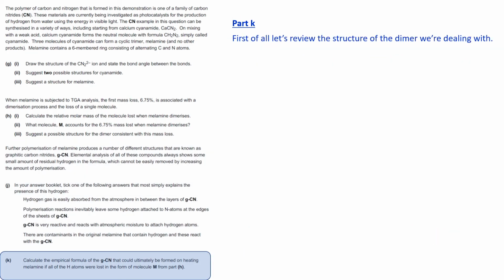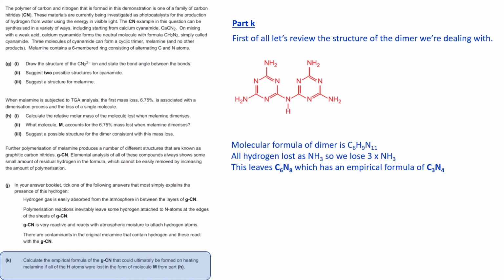Finally, let's review the structure of the dimer we're dealing with. It says calculate the empirical formula of the GCN that could ultimately be formed on heating melamine if all of the H atoms were lost in the form of molecule M from part H. So that's the structure of the dimer. The molecular formula is C6H9N11. If we lose all the hydrogen, that means all 9 hydrogen atoms are gone.